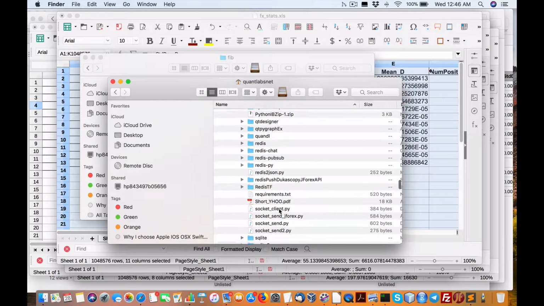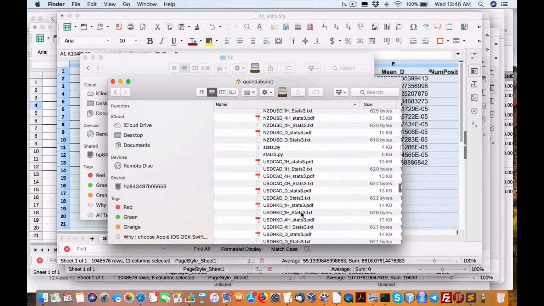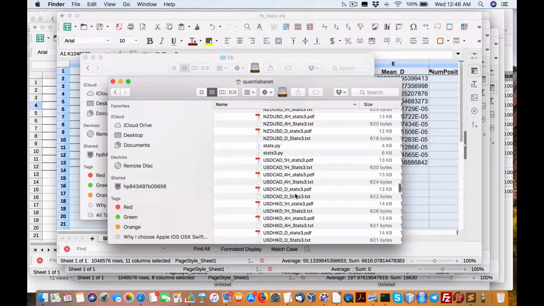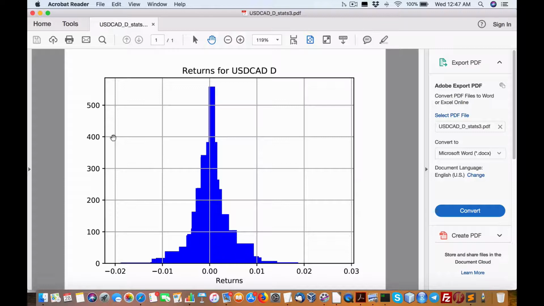Now again, this is fully automated. So if I want to confirm that, what we want is the USD Canadian stats distribution. So let's just get a rough eyeball on this, because you really can't tell that this would have the higher rate of returns.